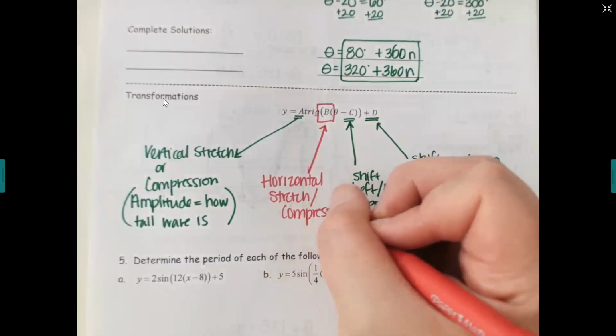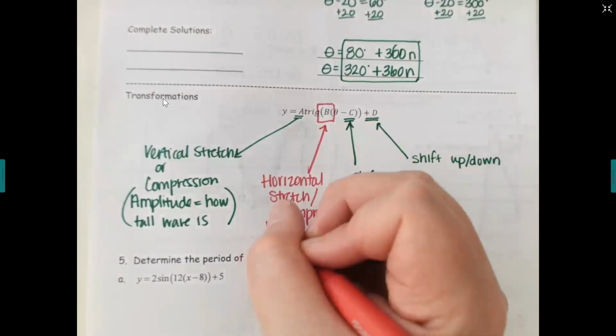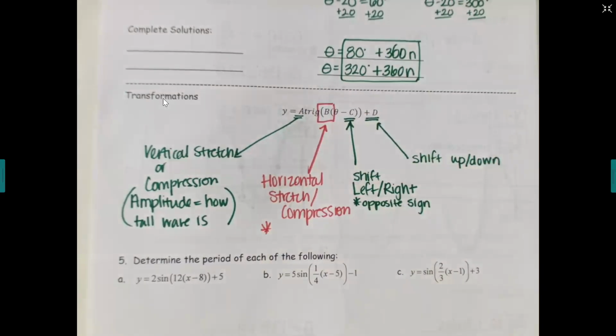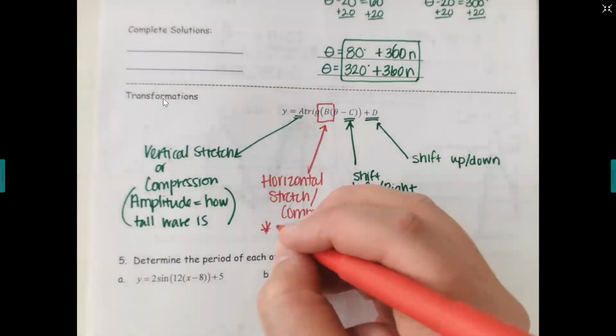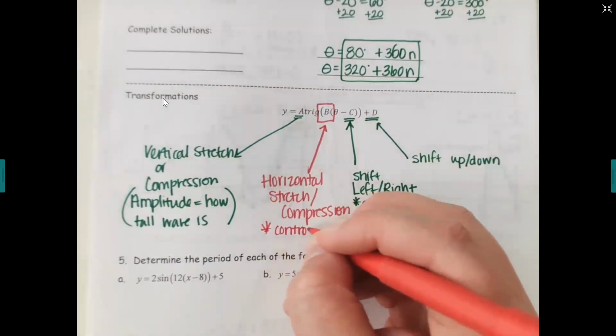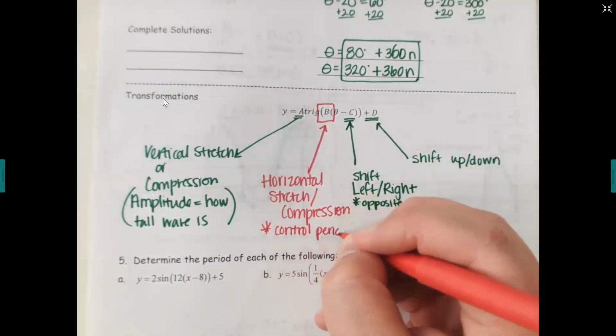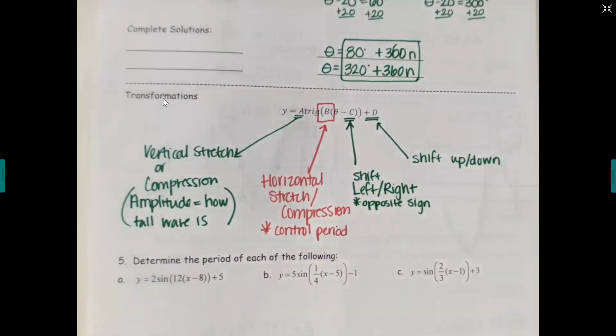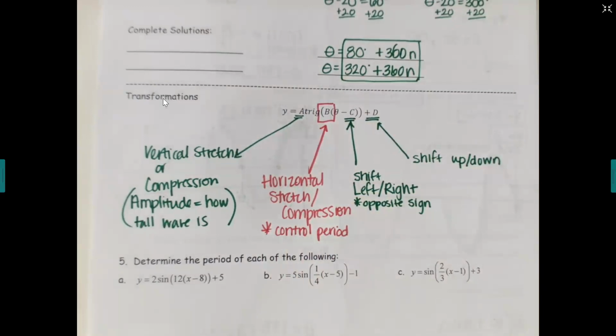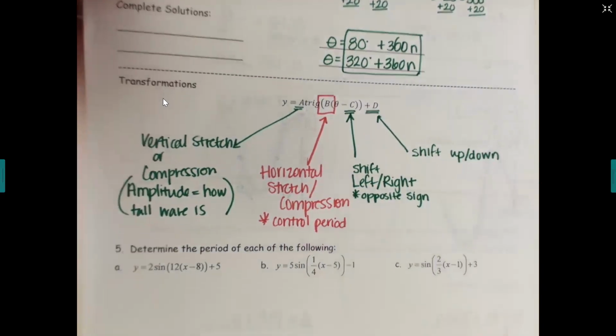The reason this number matters is that a horizontal stretch or compression is going to control the period, how long it takes to get through one full cycle, which is how long for the parent graphs? 360, very good.